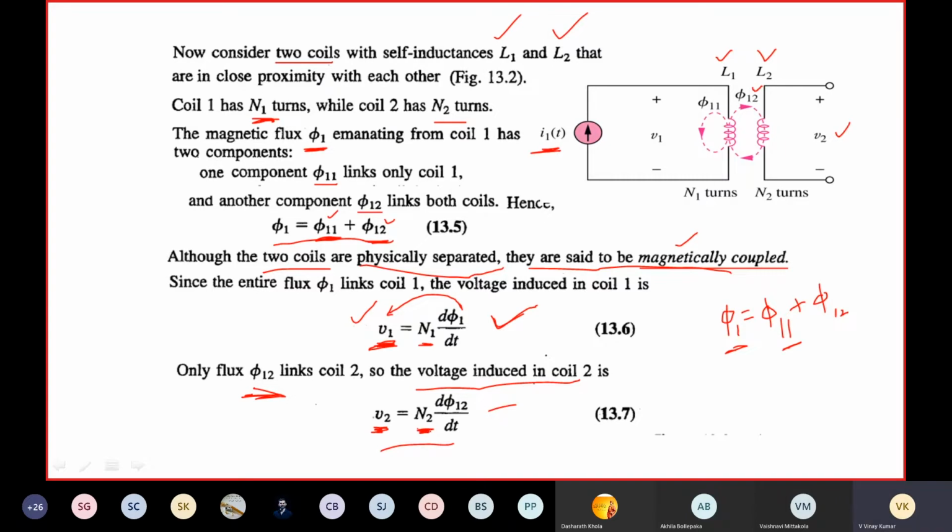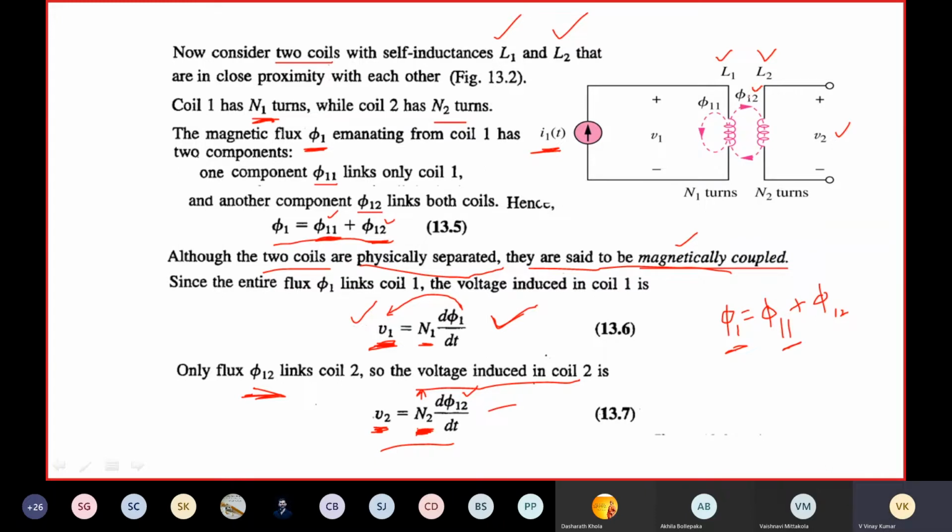This is the EMF which is induced in coil 2. That's why I'm taking the number of turns of coil 2. So V2 is equal to N2 times the flux of which coil? Because of flux in coil 1, the flux which is linking coil 2.